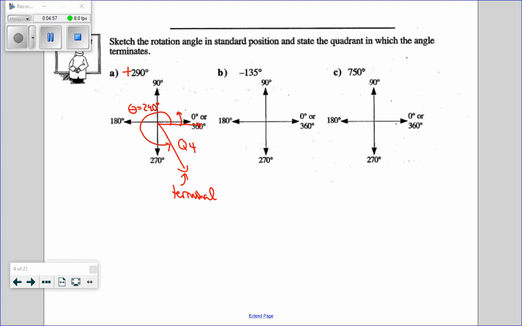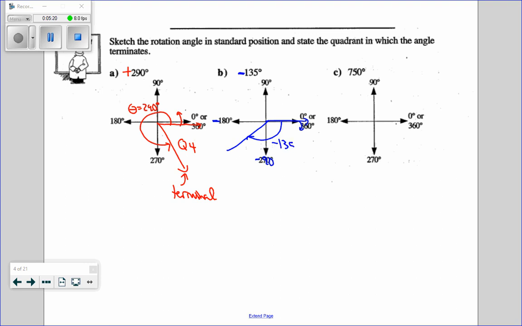Okay. So negative 135. So again, think of this as negative 90. This is negative 180. So negative 135 means I'm going to start by going down off of that initial arm. So I'm going to go negative 90. I'm going to stop about halfway.